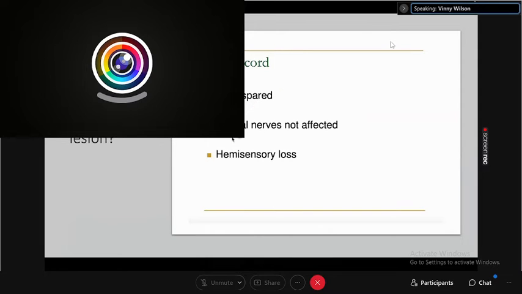The cranial nerves are not affected, obviously, because the spinal cord is below the foramen magnum. So anything below the medulla, the cranial nerves are less likely to be involved. There is an exception to this, but for you guys, you may not remember, but the exception is that the fifth nerve may still be involved in the spinal cord, and there will be a hemisensory loss which doesn't involve the face.